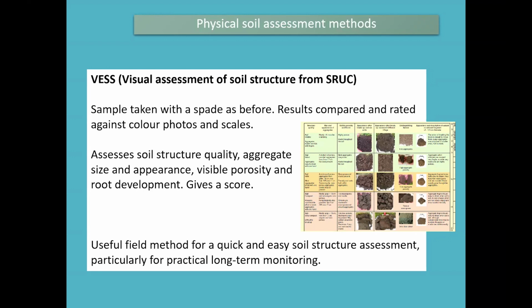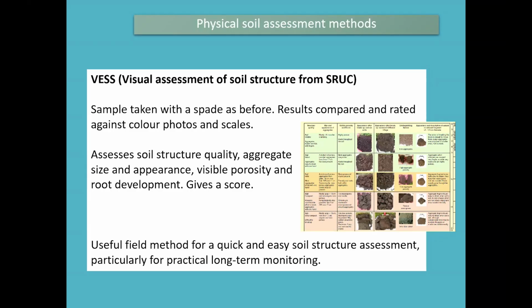Then you assess the strength of the aggregates and the way in which these aggregates are arranged and whether there's any compaction. You can obtain a score at the end of it, with 1 being a good score for nice, soft, friable, well-structured soil, and 5 very compact and poor. It's an excellent method. It's a very useful field method for quick and easy soil structure assessment.